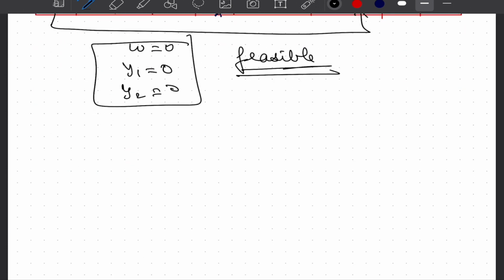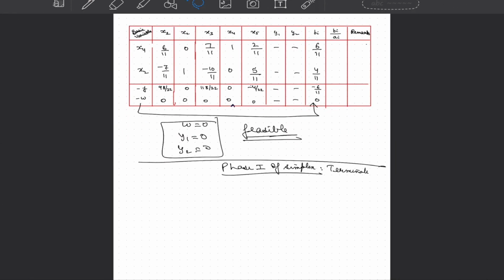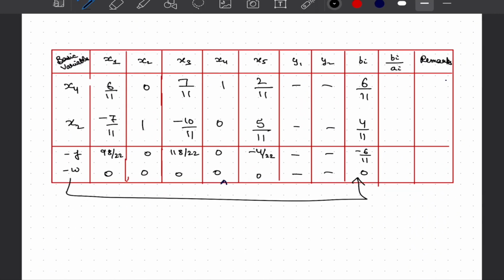As soon as we establish that, we will say that phase 1 of simplex has terminated. Now we will move to phase 2. What we will do in phase 2, we will use the same tableau that we ended up with and bring it here. And we will write that now phase 2 begins.